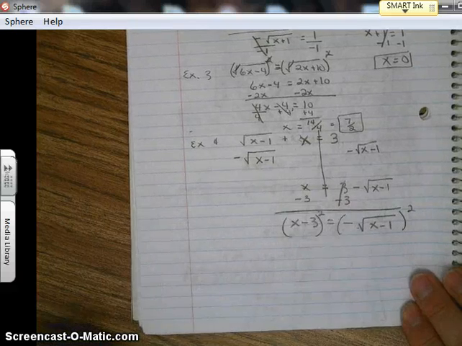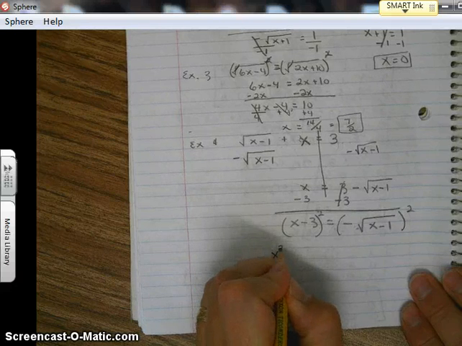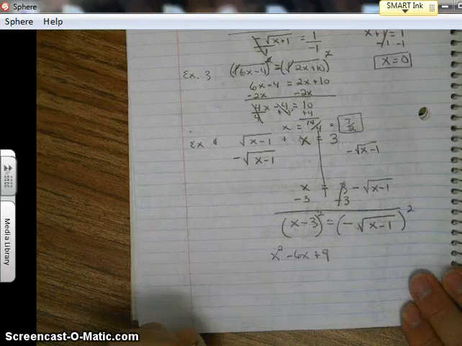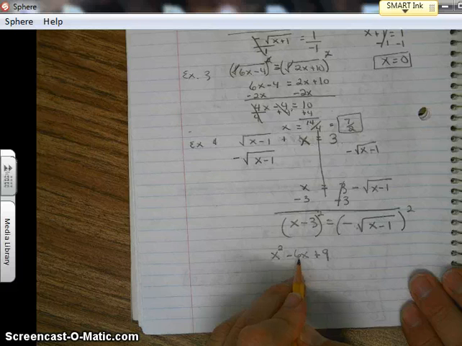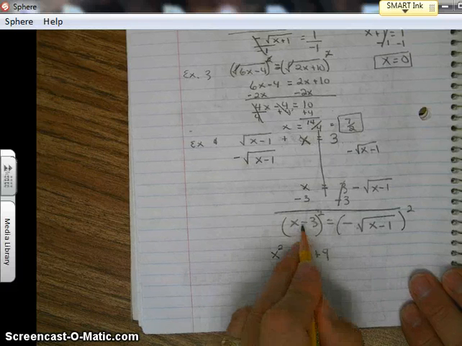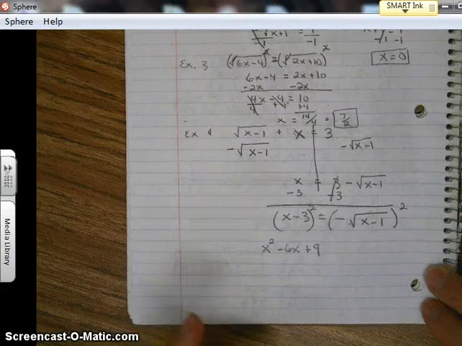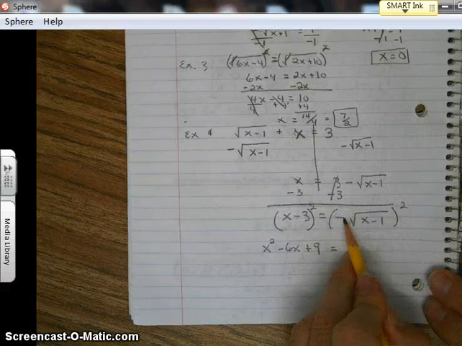Well, so we're going to do x minus 3 squared, which I know you're going to come up to me and say, how did you do that? How did you go from here to here? Well, you should know how we do that by now. We took x minus 3 times x minus 3. And then here I'm going to square the negative 1 first.